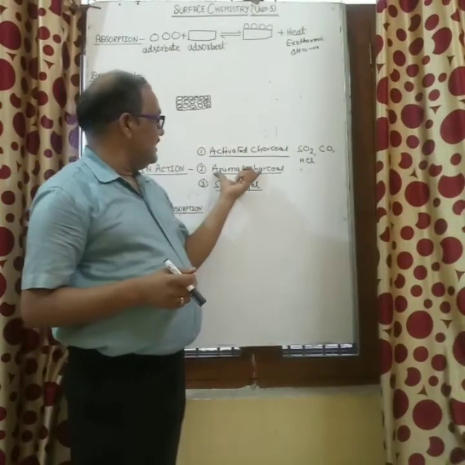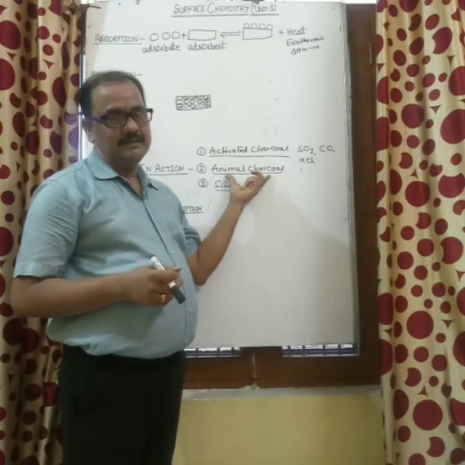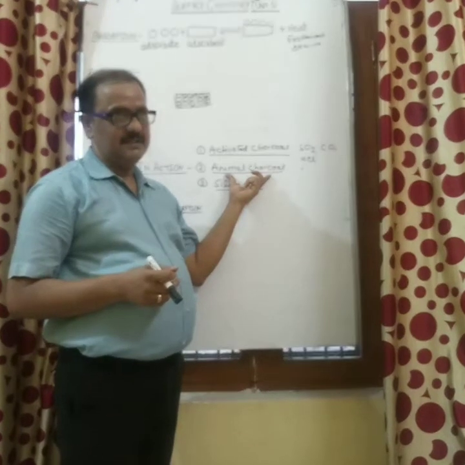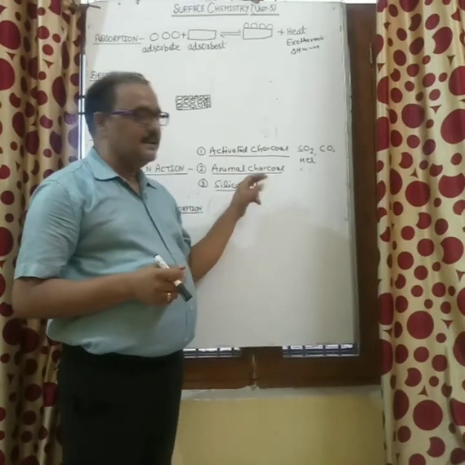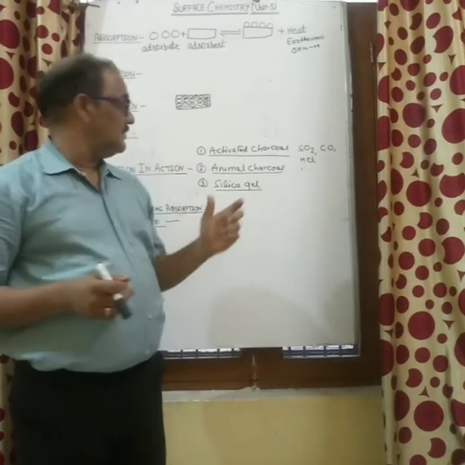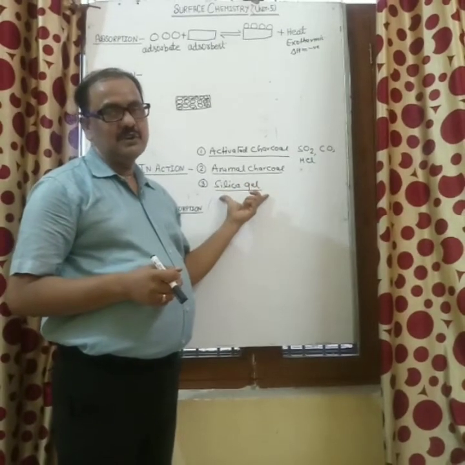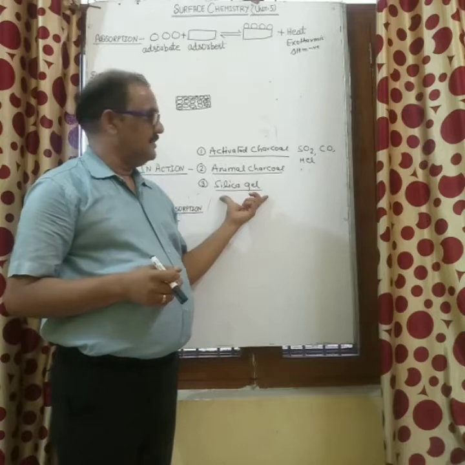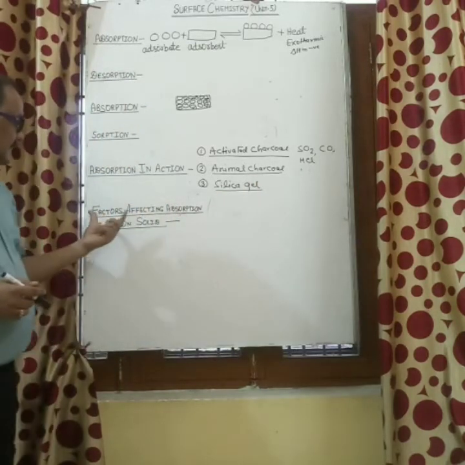Next, animal charcoal is used to remove color from coloring substances, especially in a sugar factory, to decolorize the brown color of the sugar. And next, silica gel is used to remove moisture.